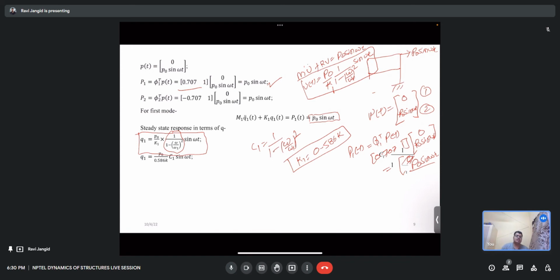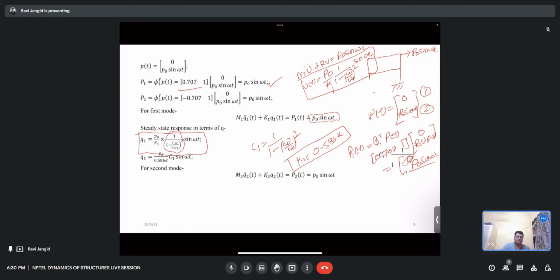Now I need to determine the response for the second mode. These are the dynamic responses. We also need to determine the overall response of the first and second degrees of freedom, and that will be determined in the next slide. First, let us determine it for the second mode. For the second mode, same procedure, only M1, K1 and P1 are replaced with M2, K2 and P2.